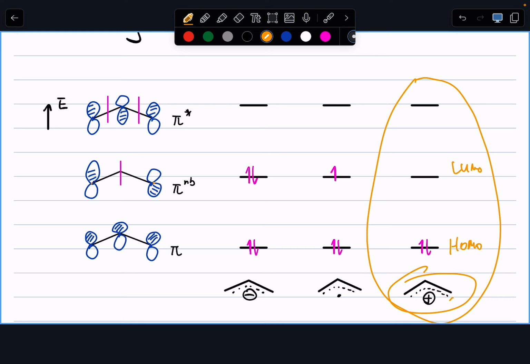Anyone want to try? That's going to take place on the terminal carbons, right? Because that's where your vacant LUMO atomic orbital is. That's where the nucleophile is going to interact.